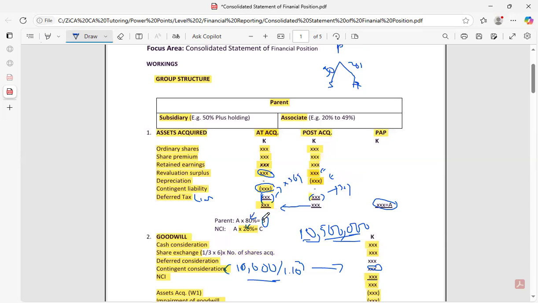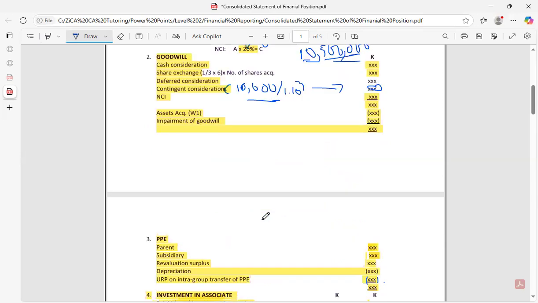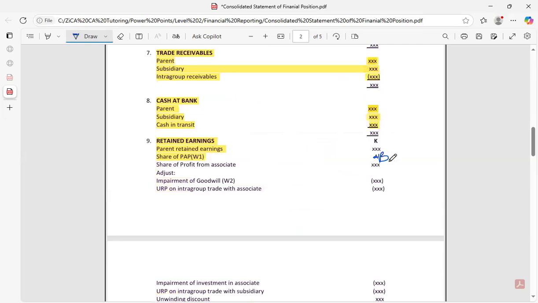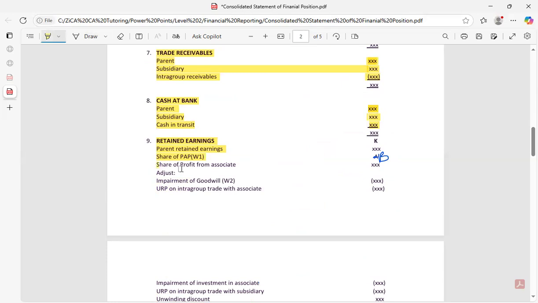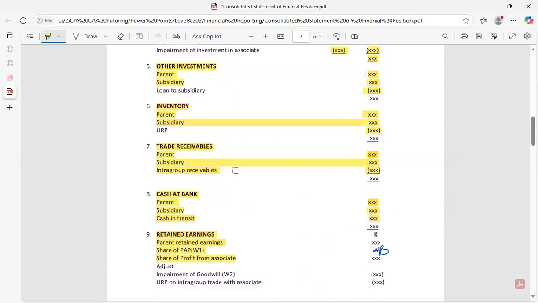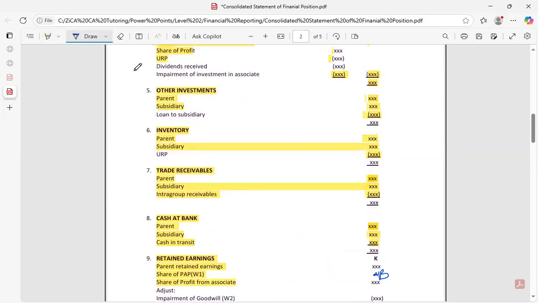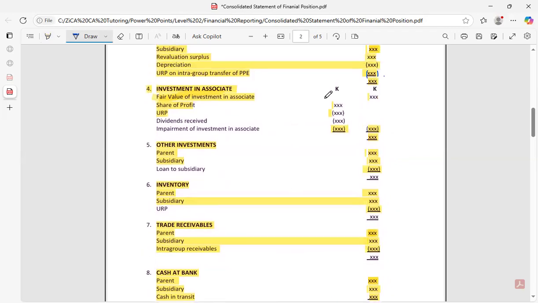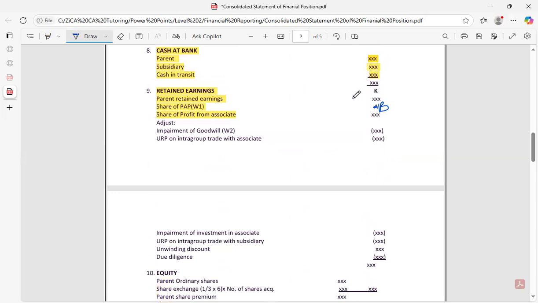It's going to give us B. And then that B is the same one that we bring here, right? And then we also say the share of profit from associates, right? So this share of profit from associate is the same one that we have here in the investment in associates, right?